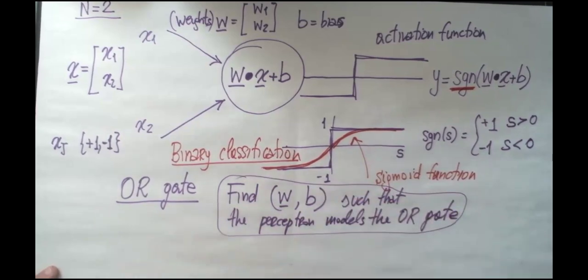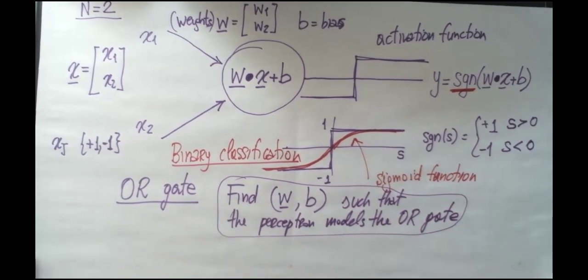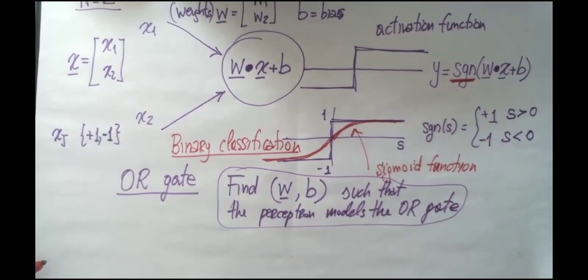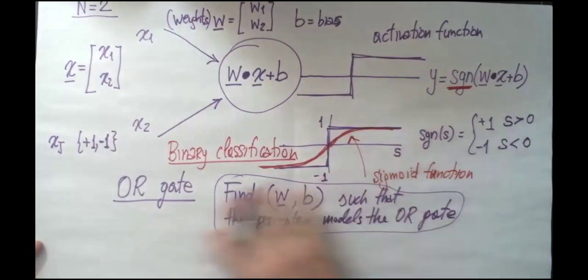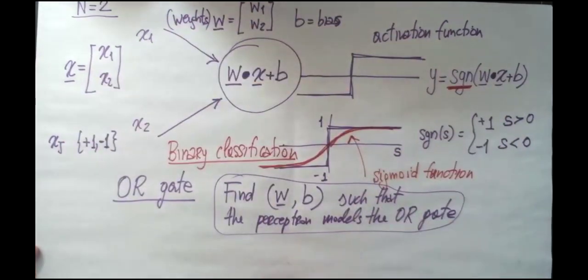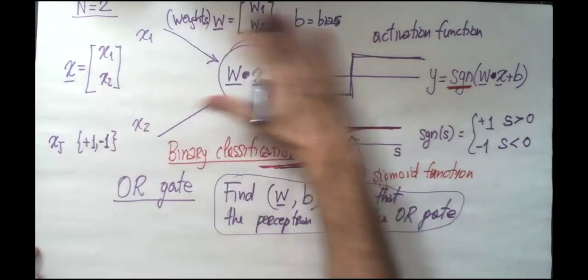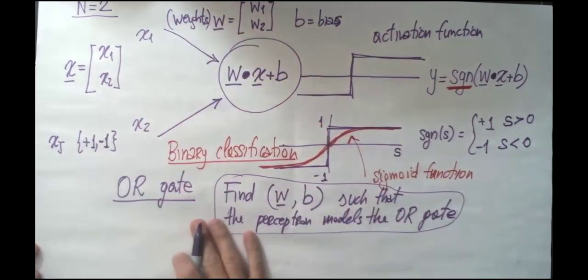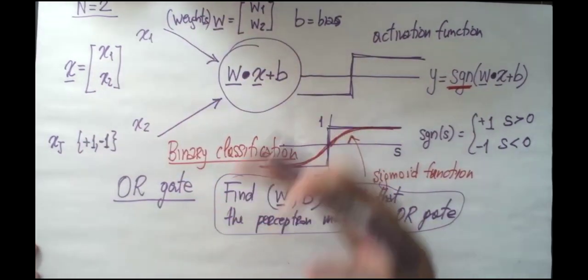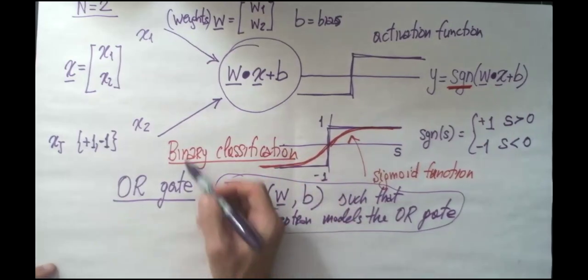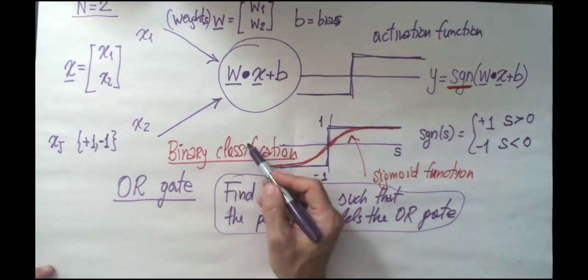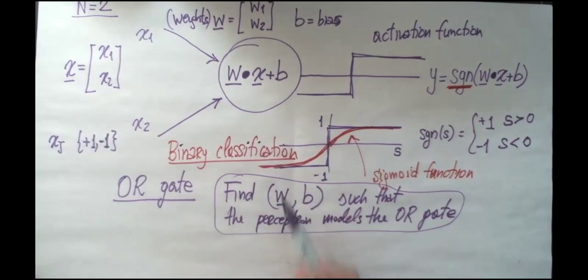And we're gonna see how to do that. But first of all, let's first try to understand if there is a geometric interpretation of how the perceptron operates and why it is a good model for a binary classification.